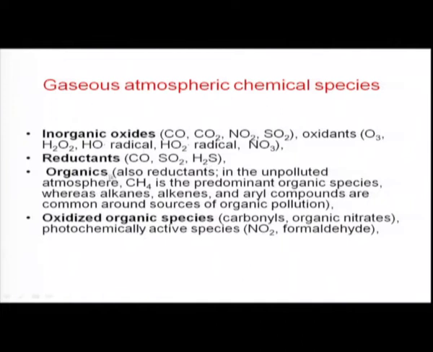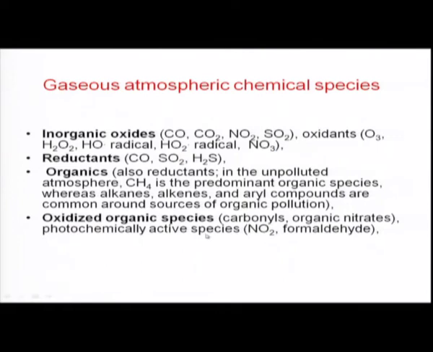Apart from this, we have organic components also present in the atmosphere, and mostly these organics act as a kind of reductant. In the unpolluted atmosphere, methane is the predominant organic chemical species, whereas a variety of other alkanes and aryl compounds are also found in the atmosphere, and these are all indications of organic pollution coming from industries.